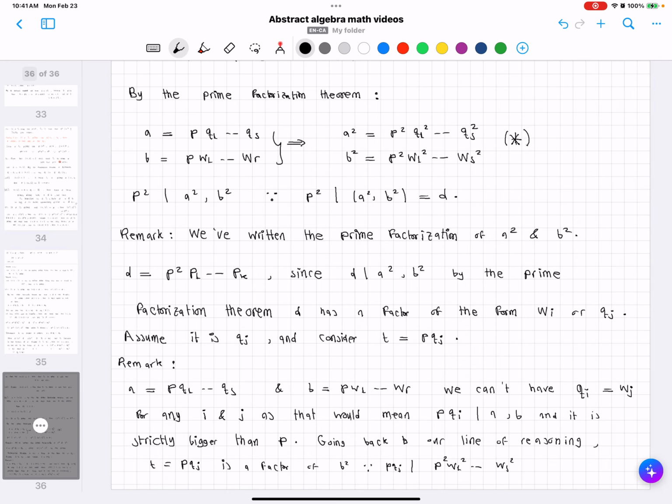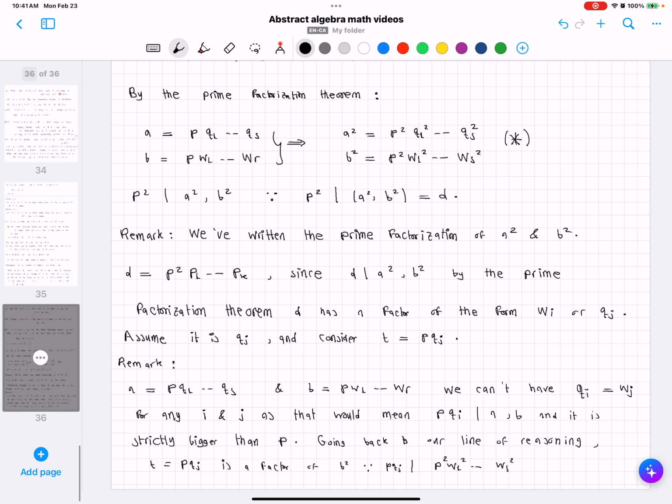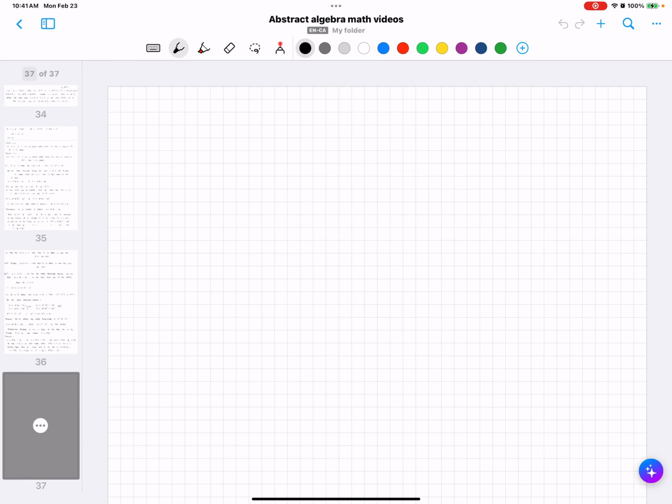So what this tells us is that Qj divides P times W1 squared to WS squared.